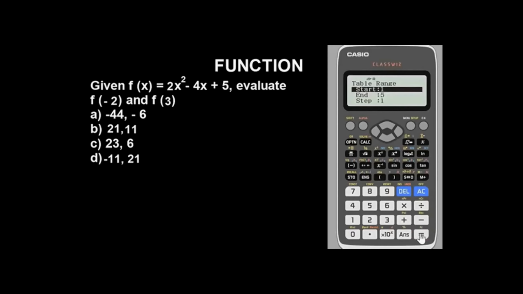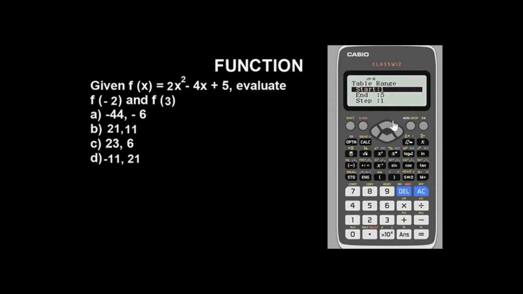Now once you have done it, it will bring you to this place. It says table range starts from. In this question, it says evaluate the function when x is -2 and when it's 3. So that means we want to evaluate the function from -2 to 3.